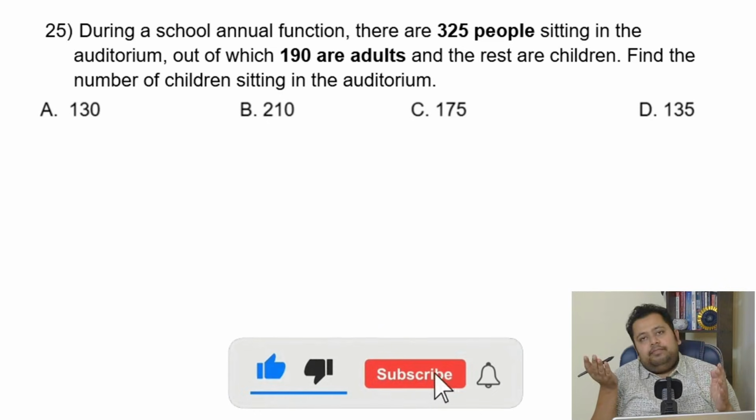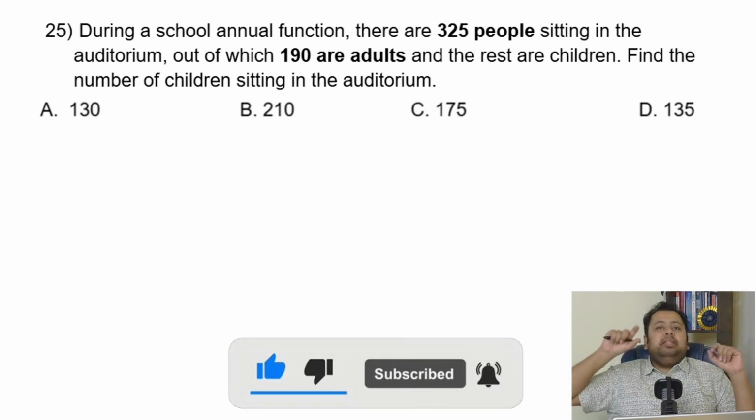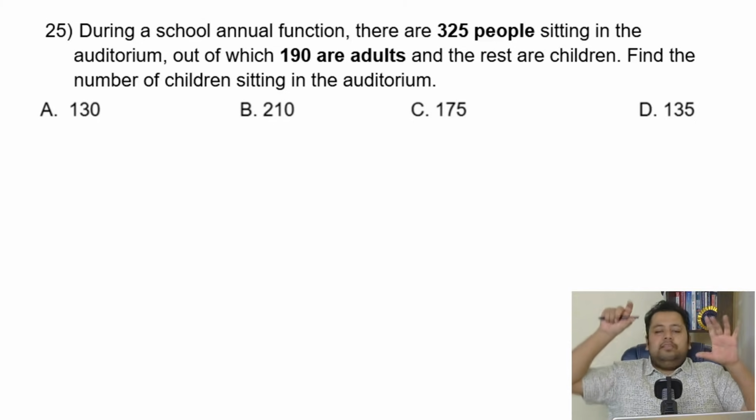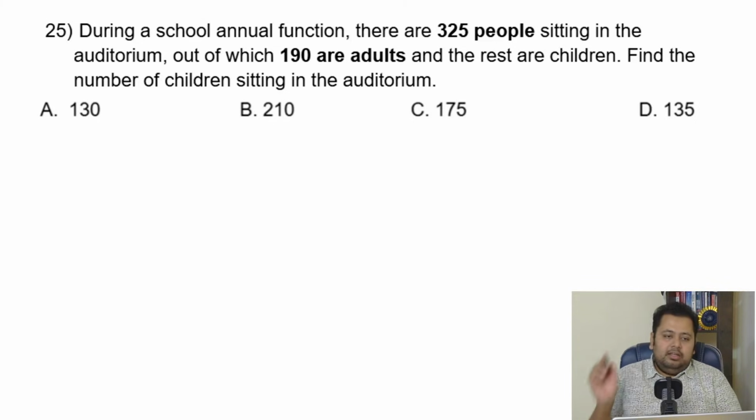For example, if there are 10 chocolates, out of which 5 are Cadbury and the rest are others, how many are others? It is nothing but 10 minus 5. Similarly, you just need to do a subtraction. Pause the video, solve it first, and then look at the solution.